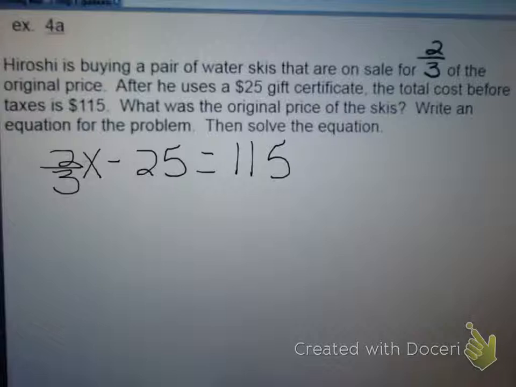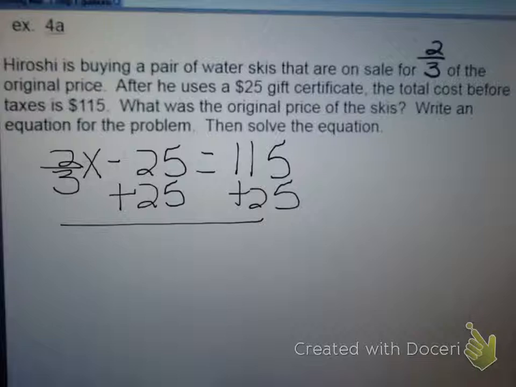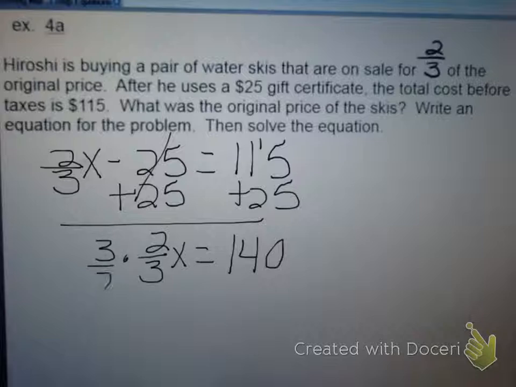I would just add 25 to both sides. The 2/3 x is equal to 140. Then I would multiply both sides by the reciprocal, which is 3 over 2.